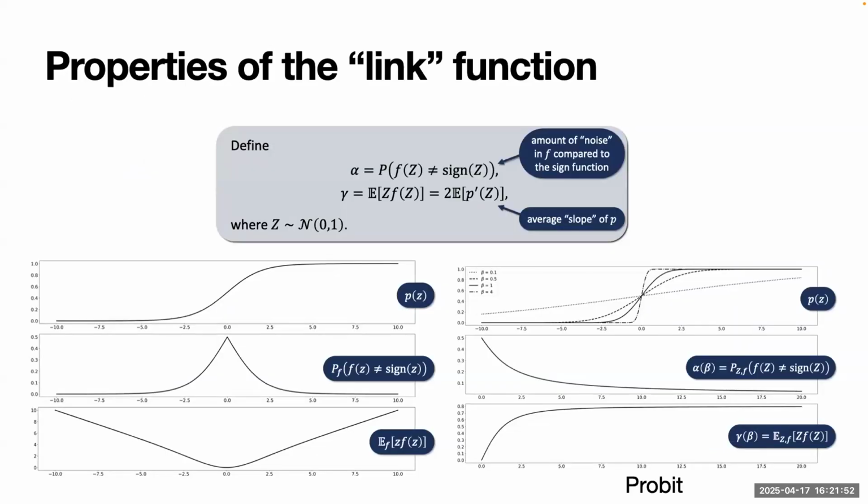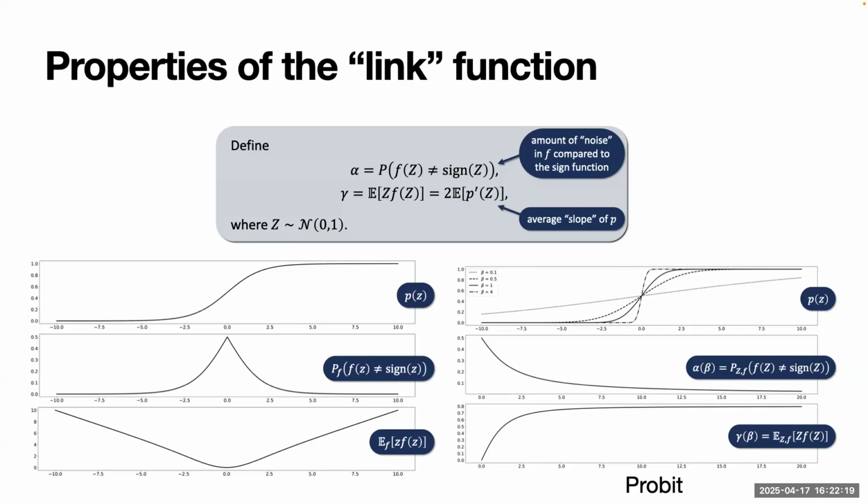There are a couple of properties of this link function. As I said, this is a noisy half space problem, so we can use a few properties of link functions that have appeared before in the literature. I will mention where they appeared. One is the noise parameter, where you look at this f(z), our function, and how different it is from sign of z.